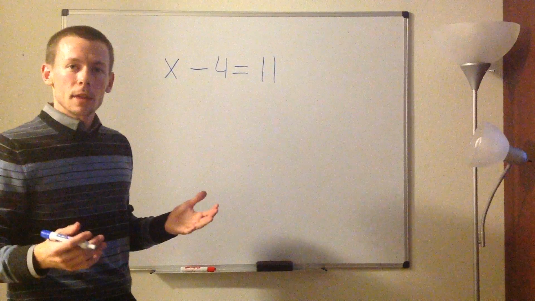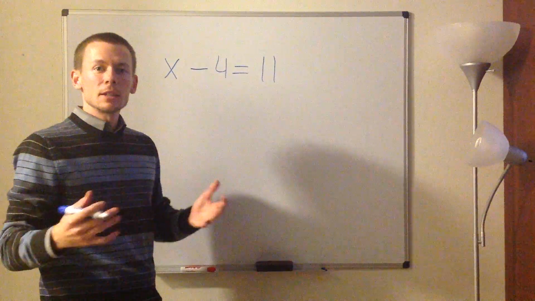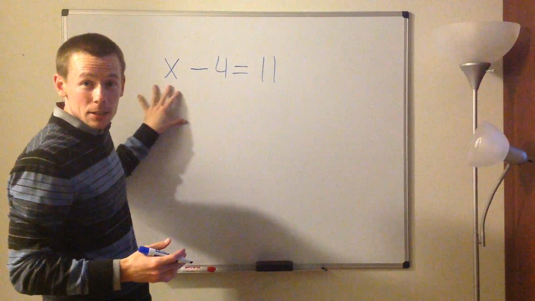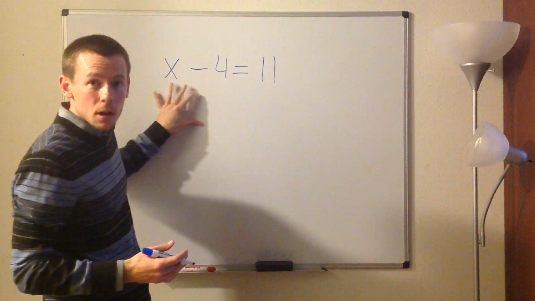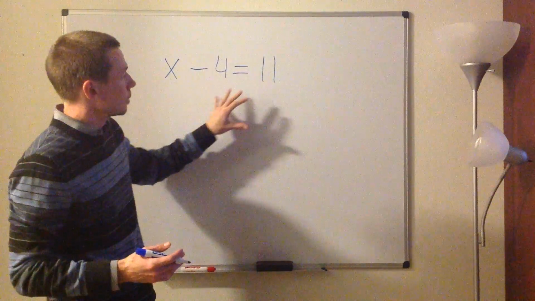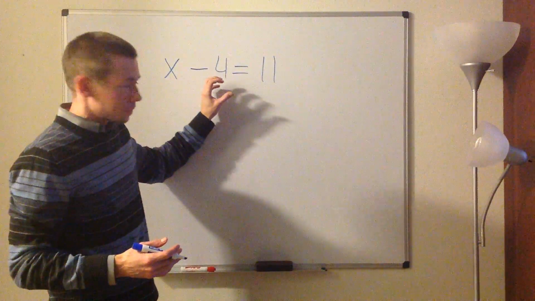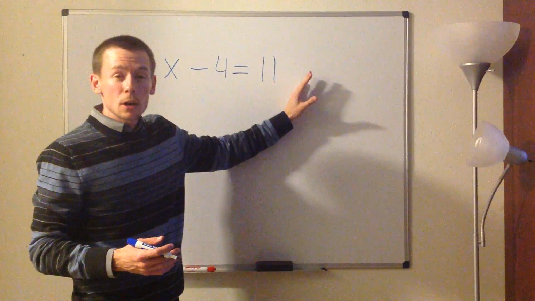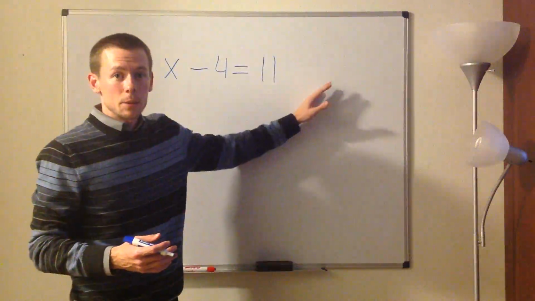Well, you might know what that number is off the top of your head, but let's say you didn't. Let's say you wanted to isolate x and get it all by itself. What property could you apply to, in a sense, get rid of this negative 4, cancel it out and make it 0, and then keep the equation by doing the same thing to both sides?